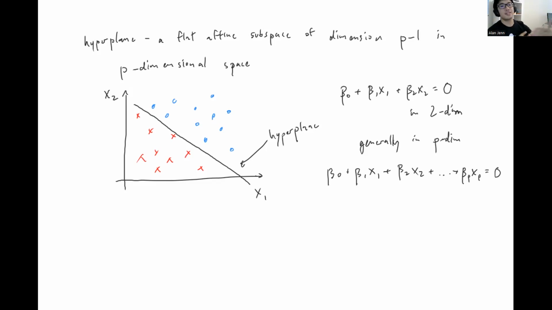The concept we'll be thinking about today is in classification. Can I come up with some kind of rules with which I can separate my two types of outcomes?